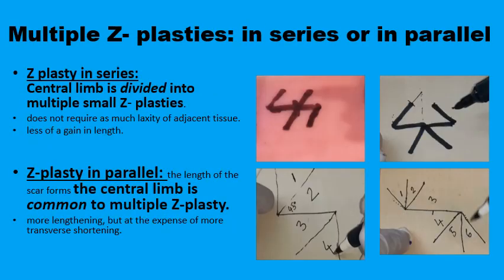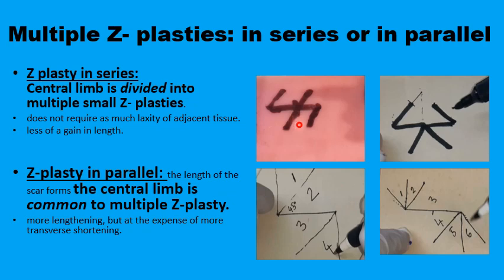In some situations, we may have to consider doing multiple Z-plasties rather than just a single big Z-plasty. In situations where there's a lack of tissue availability or tissue laxity above and below the central limb, then you may consider doing the multiple Z-plasties in series. Or if you want to extend the central limb a bit more than what you could have achieved with a single Z-plasty, you consider the other version, the multiple Z-plasties in parallel.